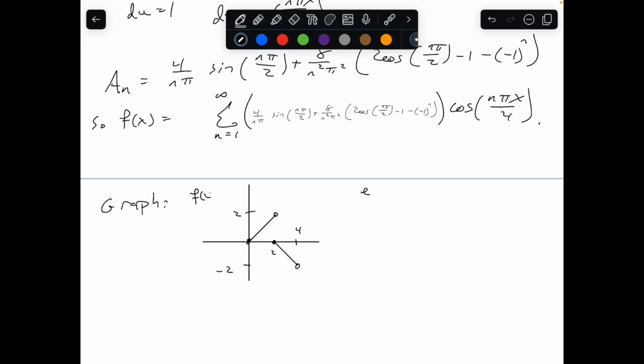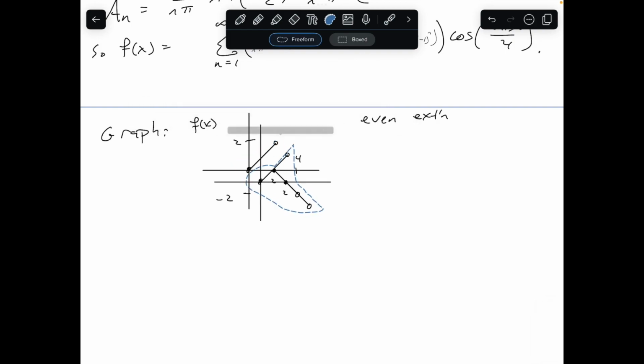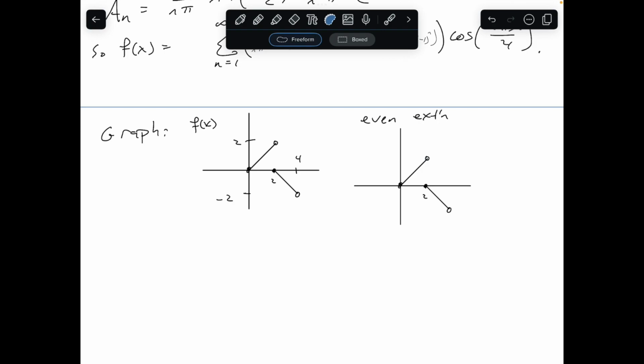So this is f of x. And then you draw the even extension from there. The even extension is going to look something like this.